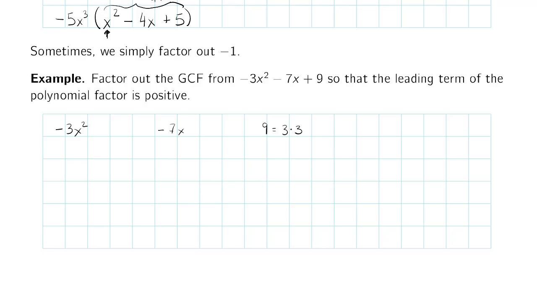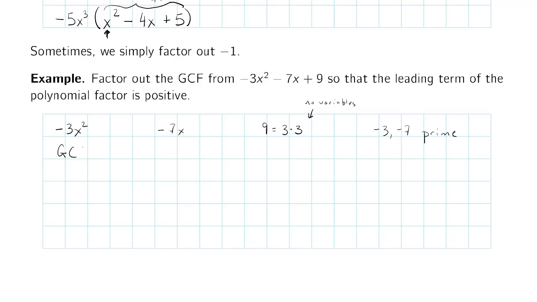So our coefficients don't have any common factors because negative 3 and negative 7 are prime. And then this term has no variables. So there are no common numeric factors. There are no common variable factors.